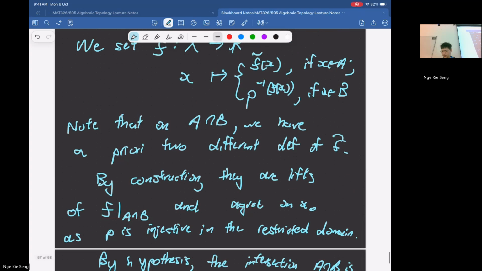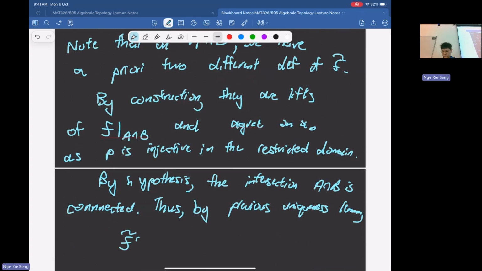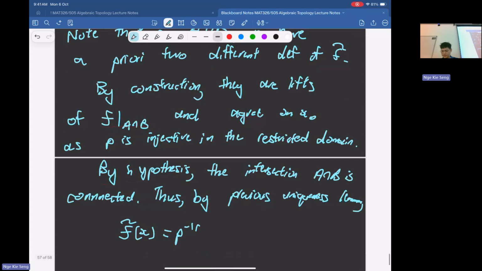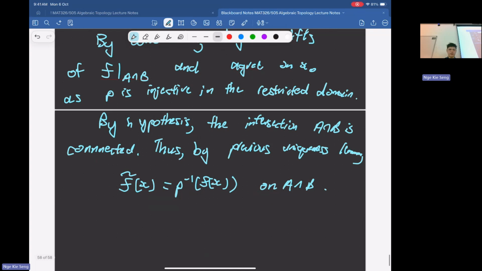So f tilde of x equals P inverse of f(x) on A intersect B. Okay, so this shows that f tilde is well defined. It doesn't go two places, it goes to the same place.